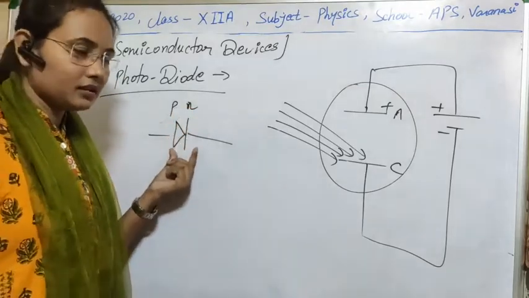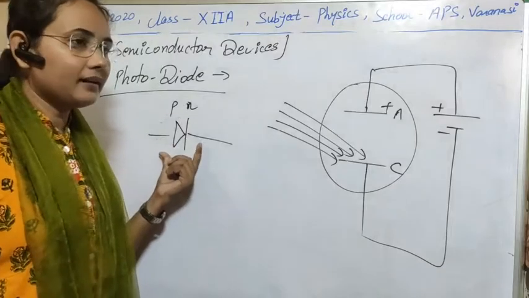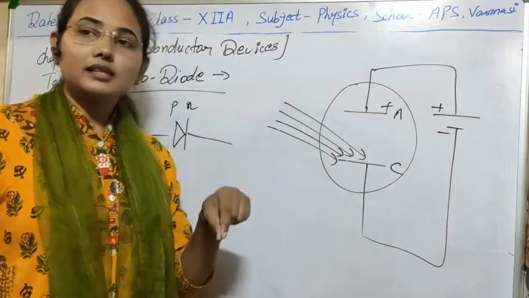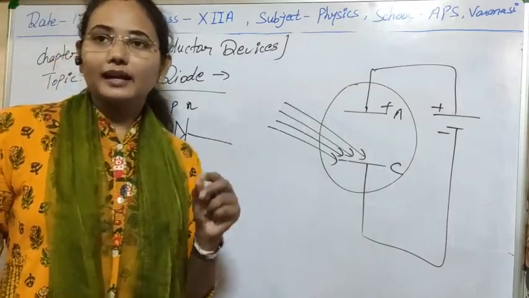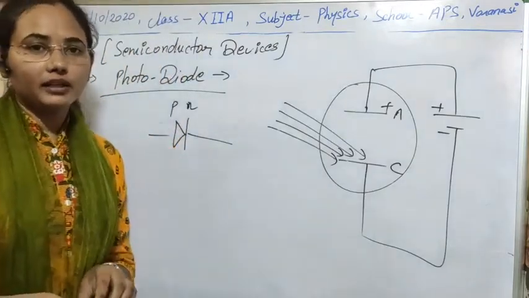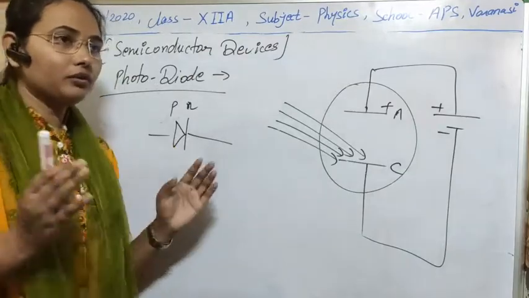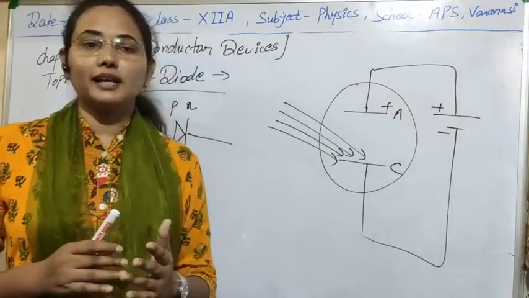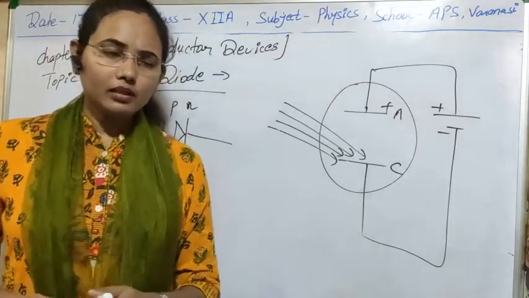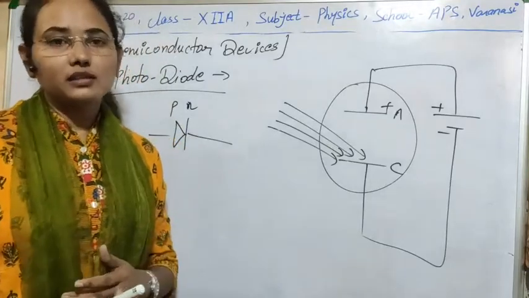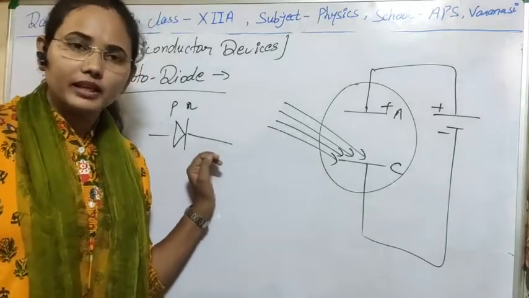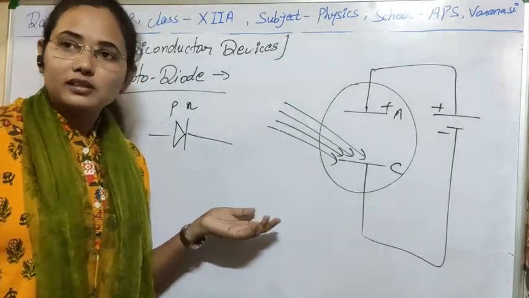Simply, if there is incidence of light on the junction, then due to that light covalent bonds will break down, and the number of charged particles in the junction will increase. Or simply, we have to reduce the depletion region or junction potential. How can we reduce it? As I told you, by adding some energy from external sources we can reduce it. For addition of energy we can use light energy also.